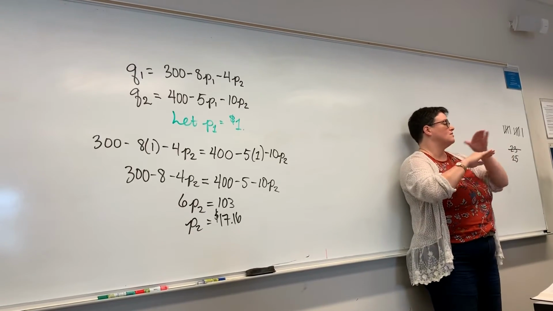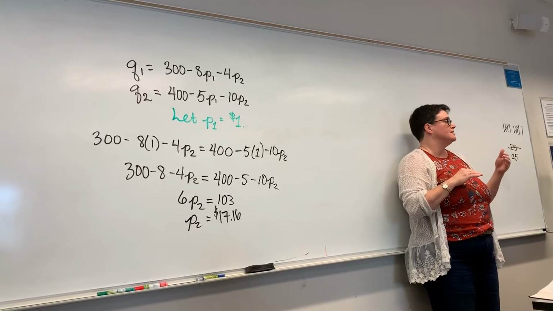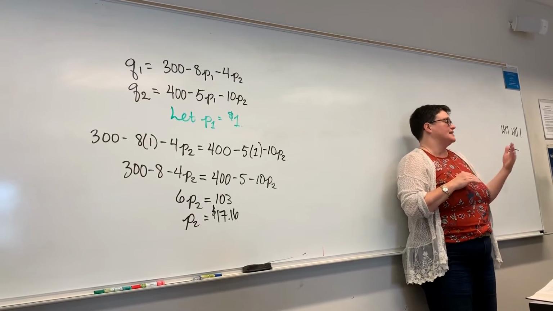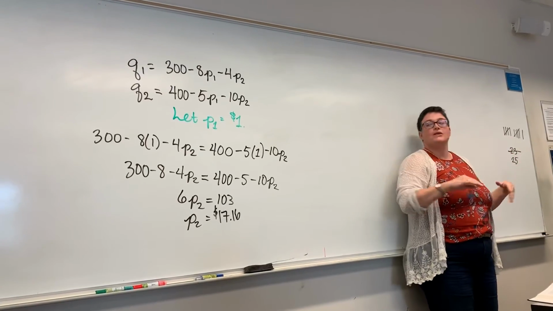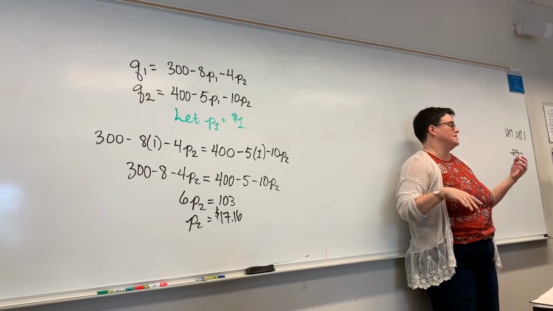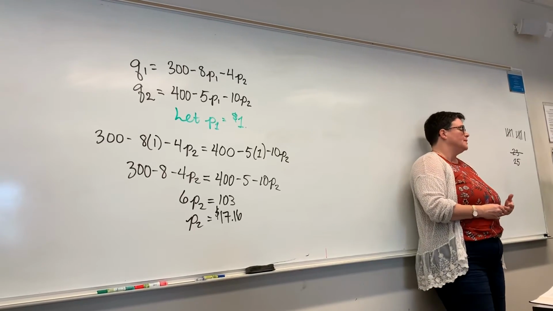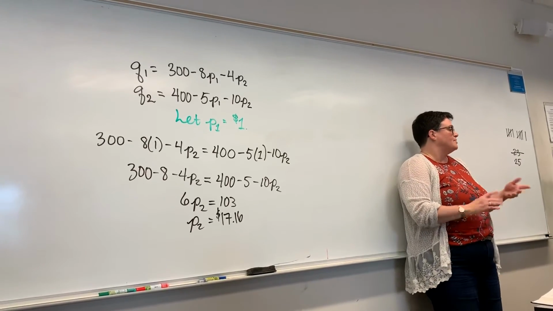So anywhere along that line can create a solution. If you pick any P1 value, the corresponding P2 value, or any P2 value, the corresponding P1 value will give you a solution. Does that make sense? So play around with it.